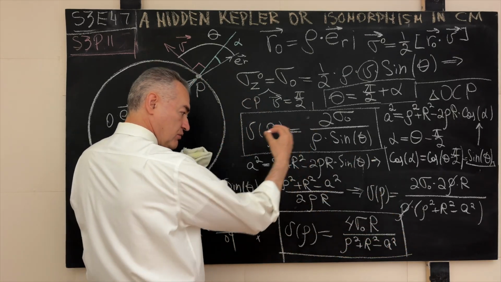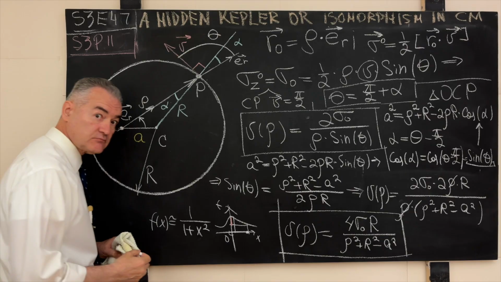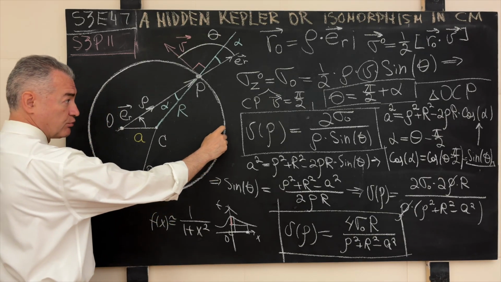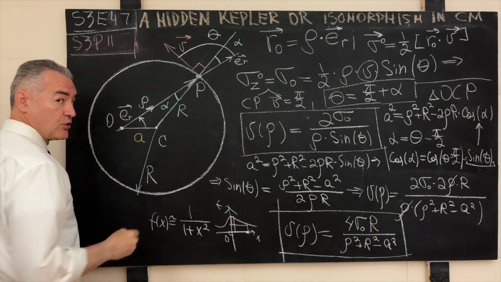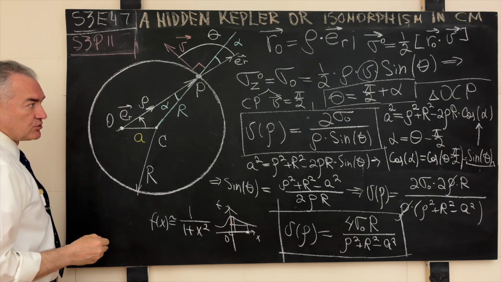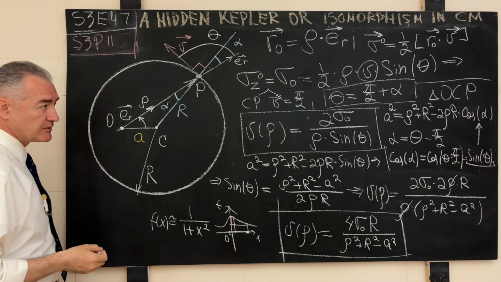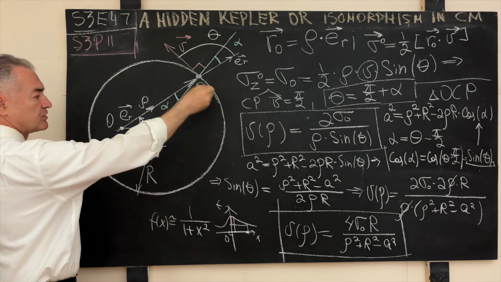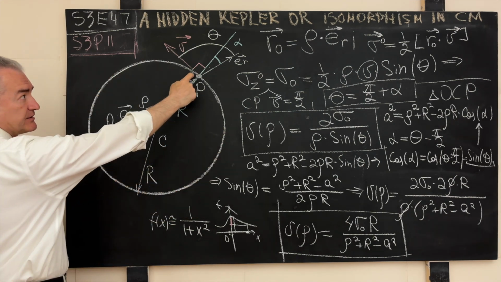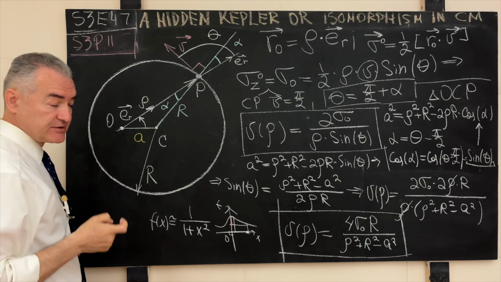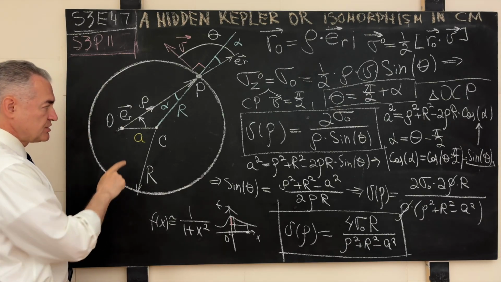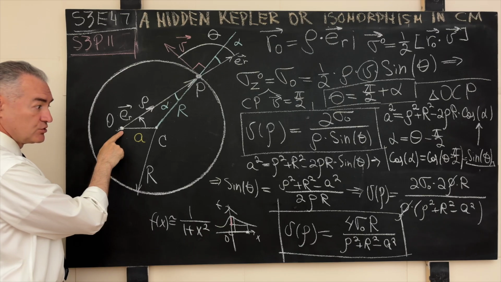So the whole fraction will be smaller. And that means that the velocity of the point in this region right here will be what? Smaller. So our point P is not moving over the periphery of the given circle at a constant velocity. The velocity of our point changes with respect to the point O.